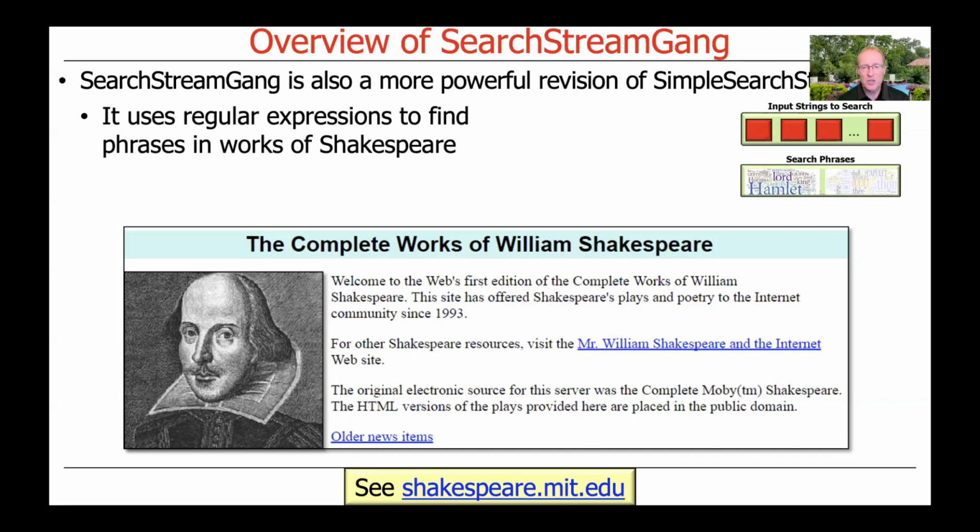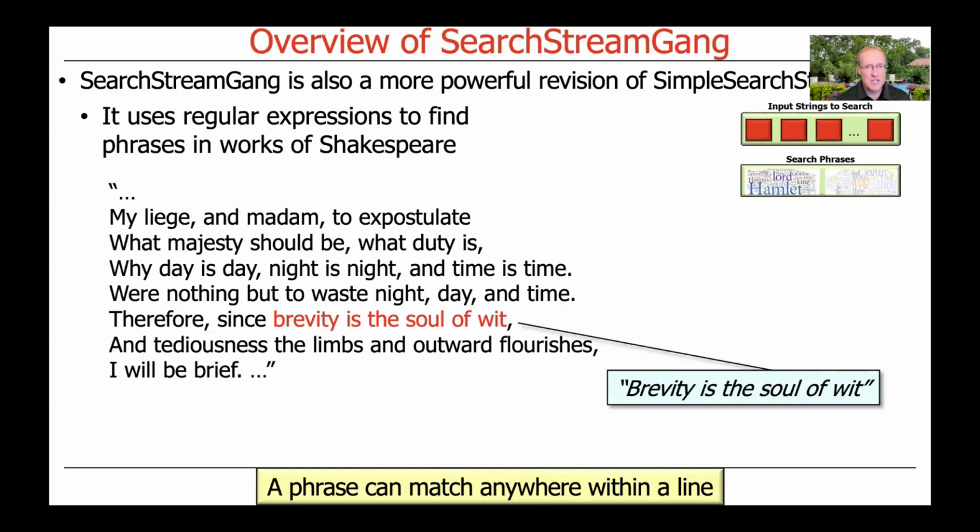You can actually go to MIT and get access to the complete works of Shakespeare. And if you do so, you can do what I did with this program, put them into a machine-readable form that can be searched using a program like we're using here in order to find where the quotes occur. Here's a very simple example.